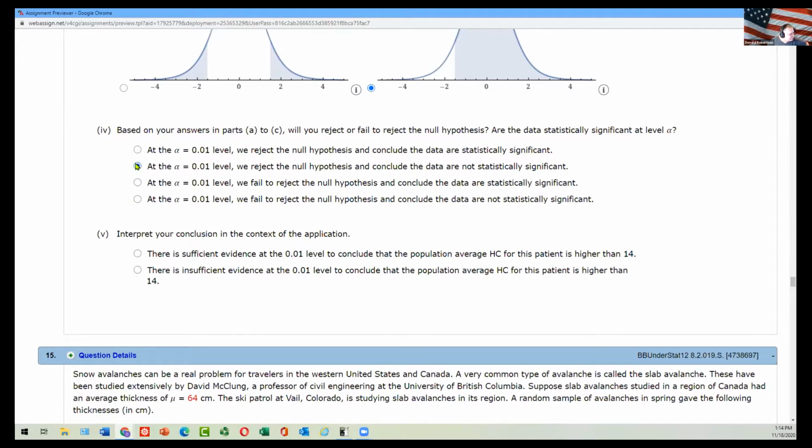When it is not statistically significant, you always fail to reject the null, H null. And you always pick the one that says there's insufficient evidence. So what that has told us is that we haven't been able to show that this woman's level was really anything exceptionally high. It was just a normal kind of variation that you would get.